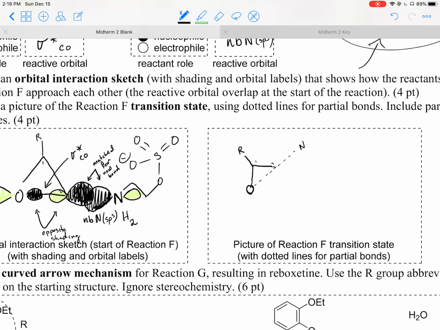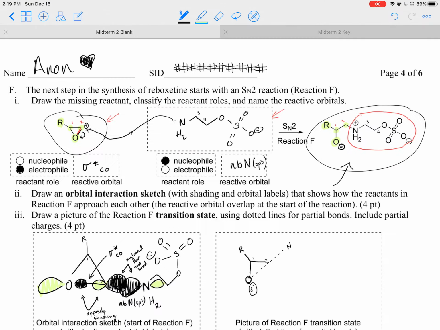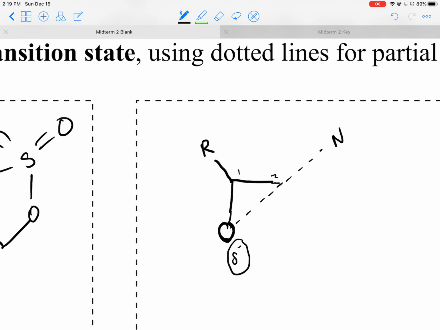And so this oxygen here is going to have a partial negative charge because at the end it's going to be negative, right? We are breaking this bond and giving the electrons to oxygen. The electrons in this bond here are going to oxygen, which is why it's going to have a partial negative.